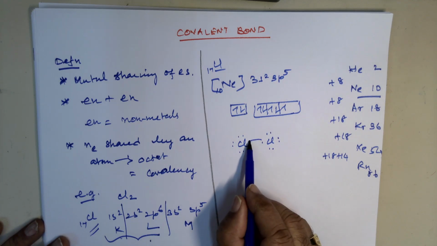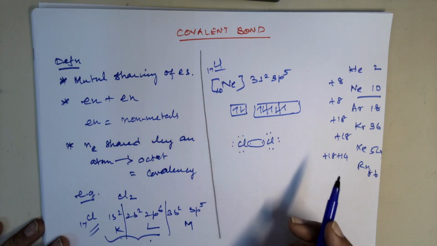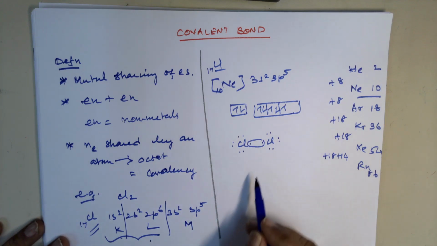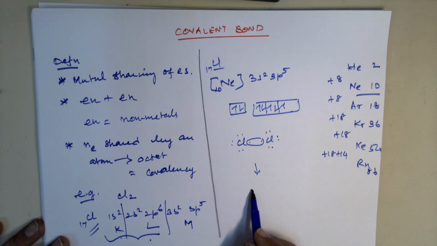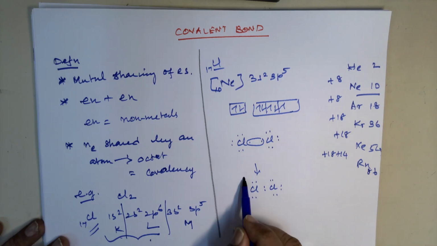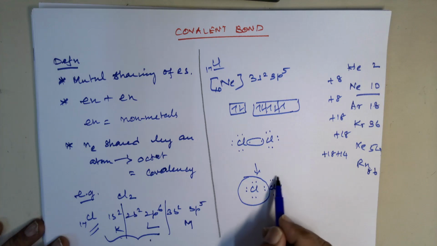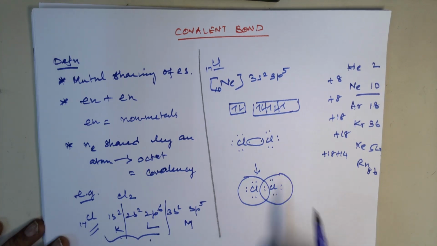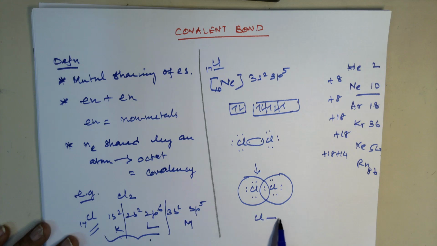Now, these may mutually share each other so that it can form Cl dot dot dot, and they are generally shared as a common pair. So it envelopes like this and this envelopes like this. So this leads to covalent bond, and that is simply represented as Cl bond Cl.